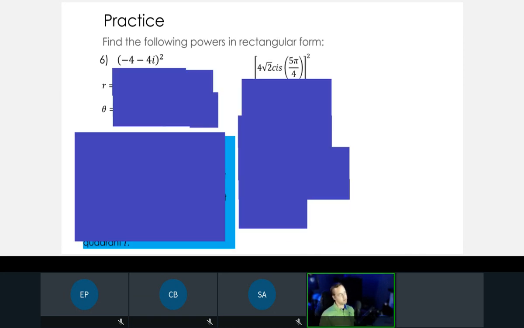All right. This problem's kind of tricky. I'm just going to quickly go through this. This is from yesterday's stuff, but this is good practice to convert from rectangular to polar form. I'm just going to quickly go through it because that's not the point of today's lesson.